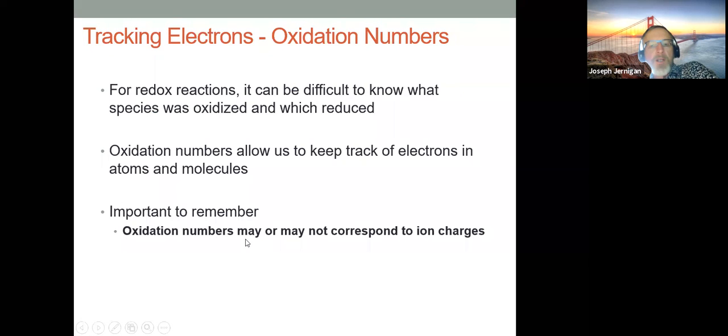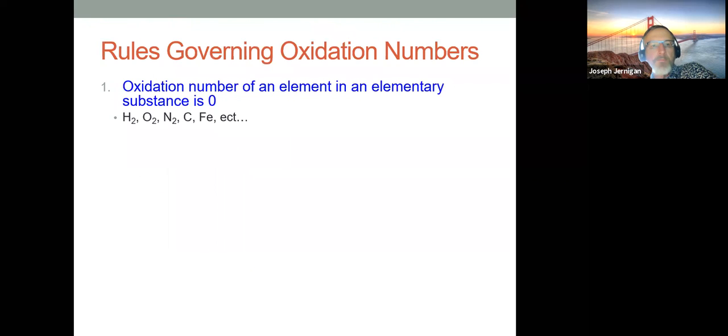Oxidation numbers are inherent to the electron configuration, if you will, the tendency of atoms and molecules to gain or lose electrons, but they may not correspond to ion charges, okay? They may not correspond to ion charges in this case, and you will see why.